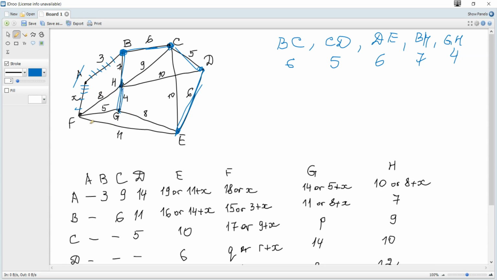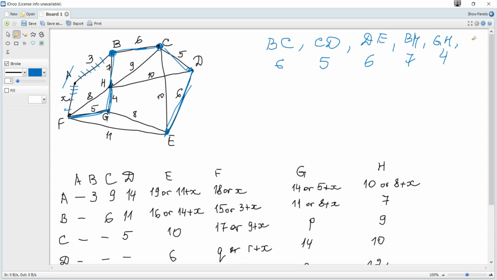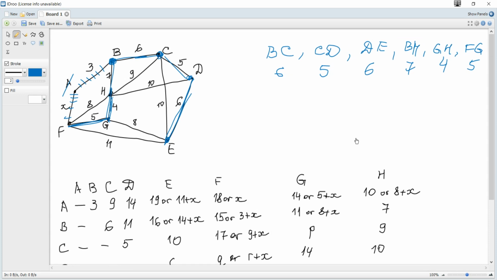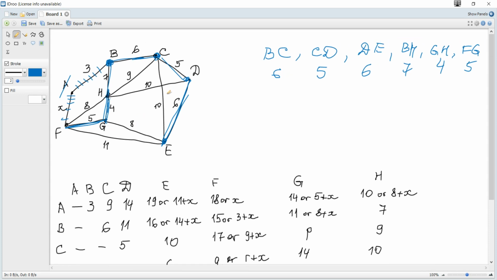And you can see there is only one remaining vertex, it's F, and the least weight from it is 5, so it becomes FG and 5. And you can see that all vertices, or all computers, are now connected in the network.